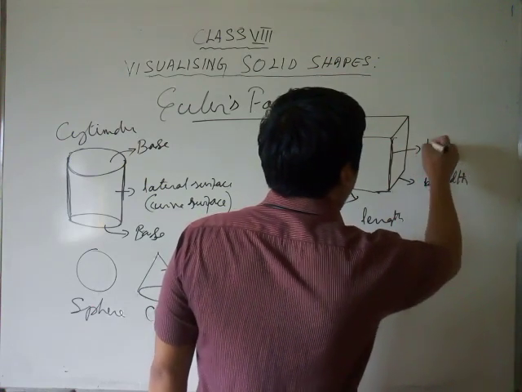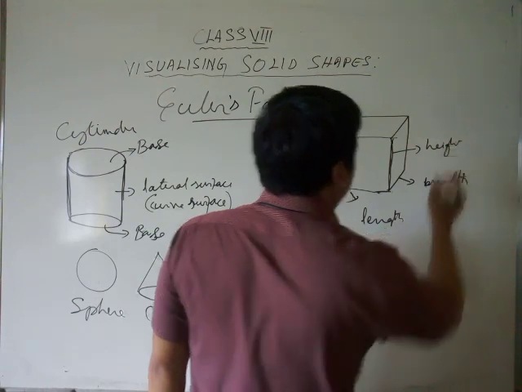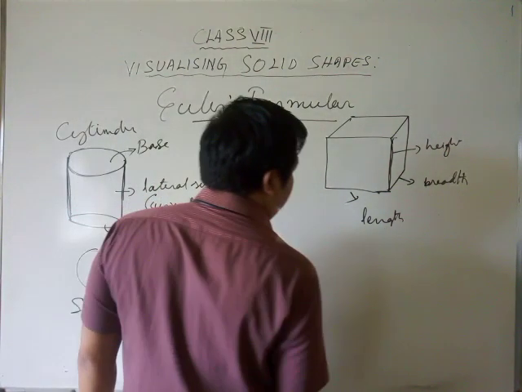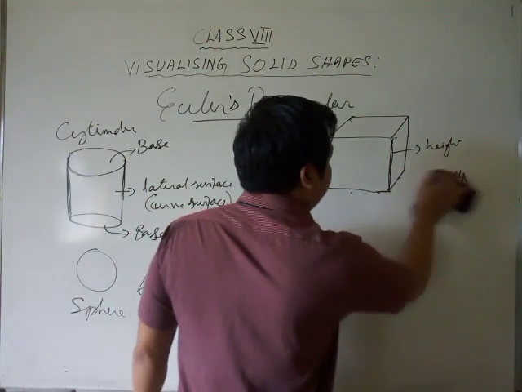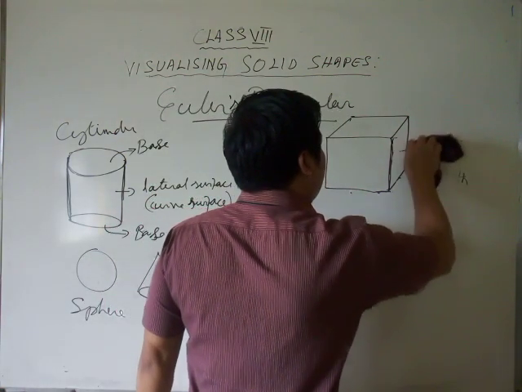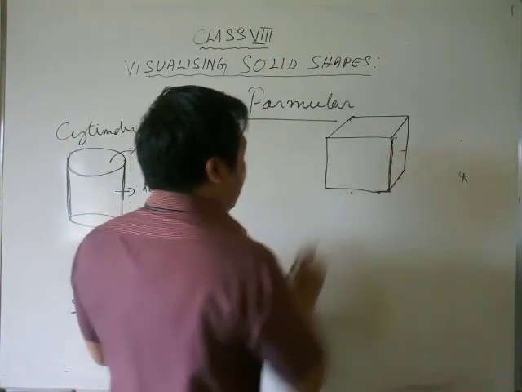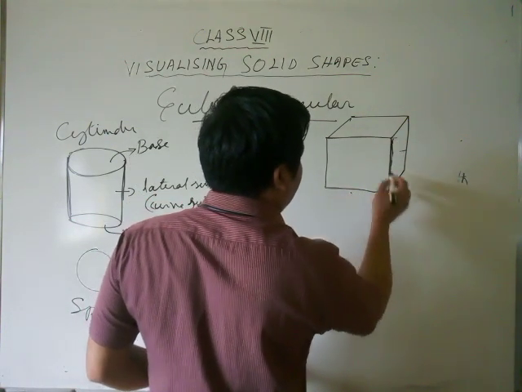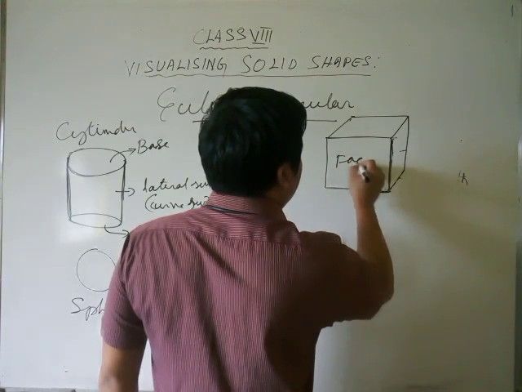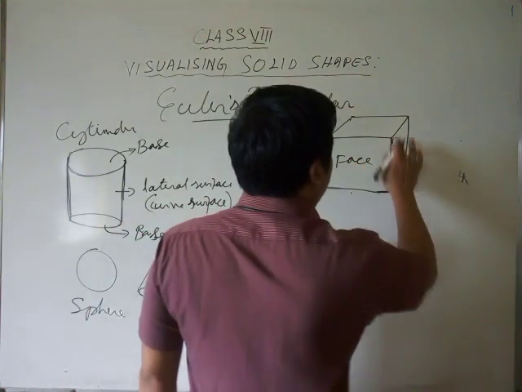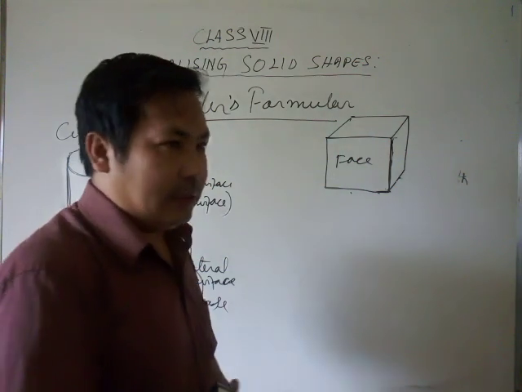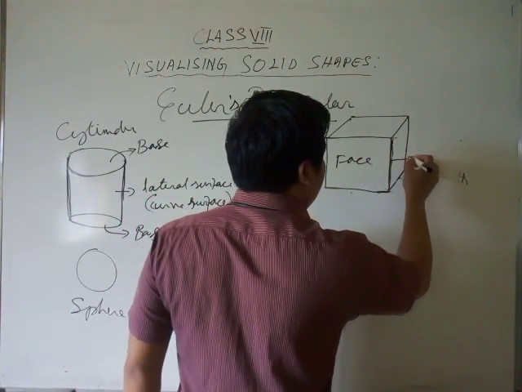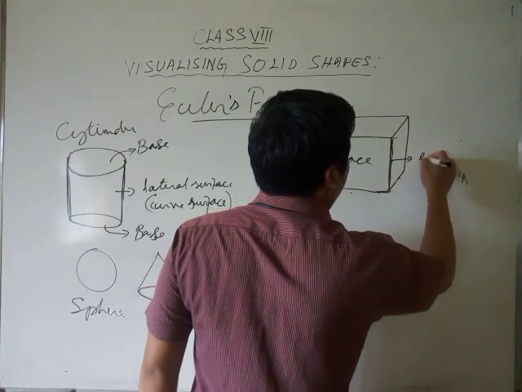And this one is called height. And then it becomes the solid shape or 3D shape. But in this shape, what I will tell you is that, my dear students, in this solid shape, this flat surface is called face. Okay, all this flat surface of the solid is called face, and then this line is called edge.